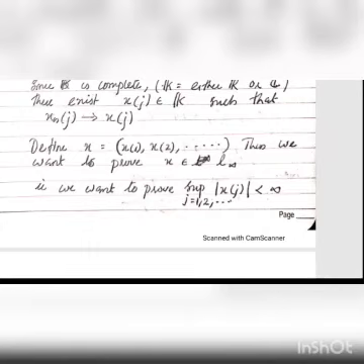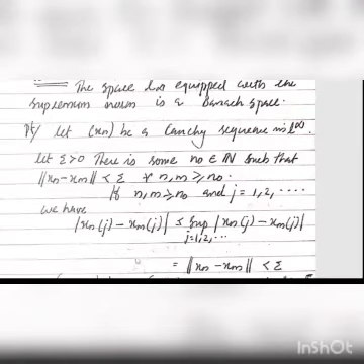See, for understanding's sake, I'm saying you have got two sequences here. This sequence is contained in either the real numbers or the complex numbers.